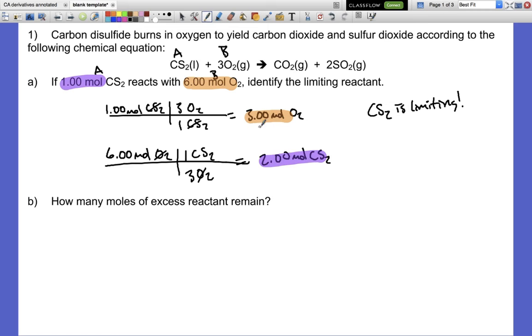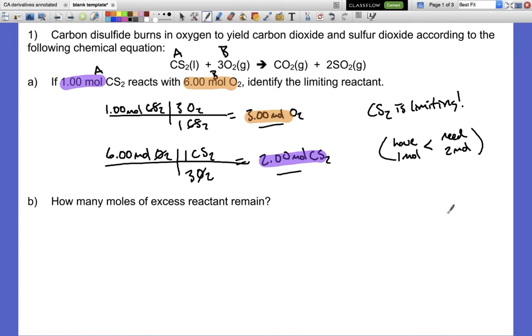So again, these two values are what you need, right? The given values are what you have. If what you have, 1 mole, and I'm just writing it with 1 sig fig because I don't need extra sig figs here, if what you have is less than what you need, that's the whole idea of this, right?